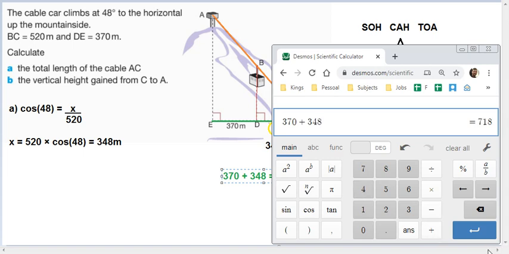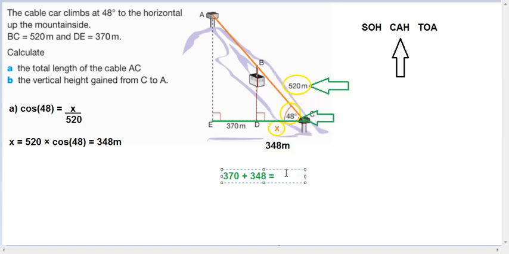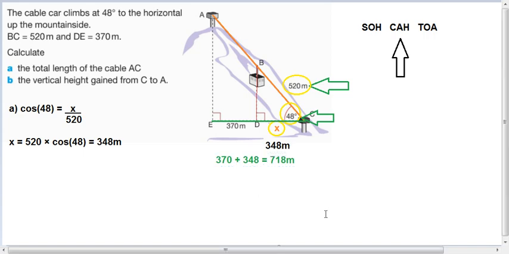So the answer for this is 718 meters. So this green part here is 718. Now let's go for letter B.